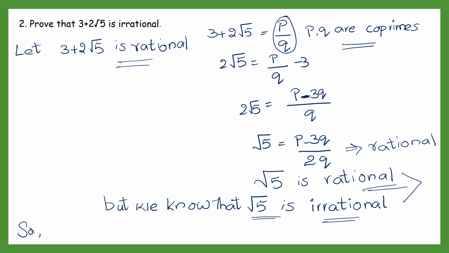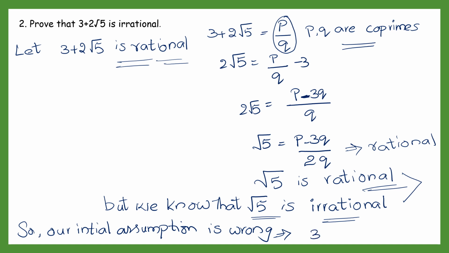So, our initial assumption is wrong. What was our initial assumption? 3 plus 2 root 5 is rational. This is wrong. So, we have proved that 3 plus 2 root 5 is not a rational number. That means it is irrational. This is the conclusion: 3 plus 2 root 5 is an irrational number.